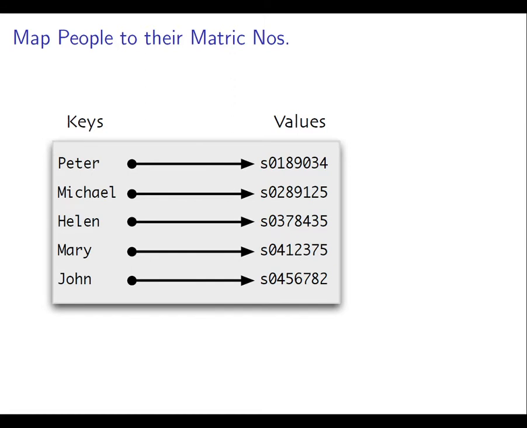So let's think a bit more about what you can and can't do with a hash map, and in general with an associative array. You can map people, perhaps these are strings or perhaps these are person objects, it doesn't really matter, to their matric numbers stored as values. So Peter's matric number is S, whatever that says.